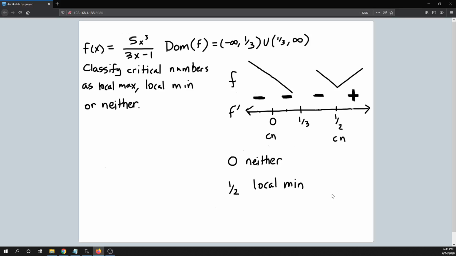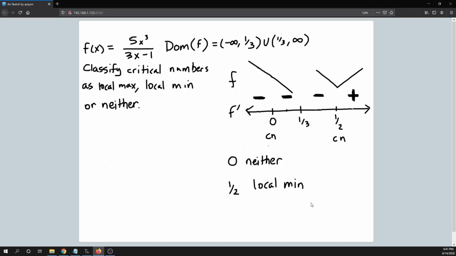Again, on the quizzes in my class, I'm just asking in this manner: classify the critical numbers as local max, local min, or neither. If you're in another class or working through some problems in a book, they might ask for the local max values or the local min values.